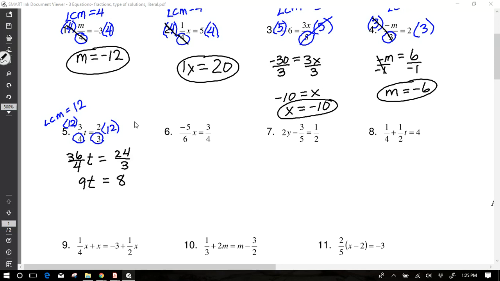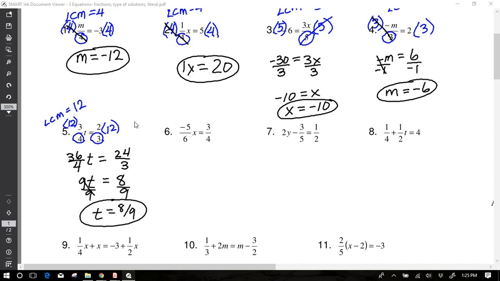And my last step is going to be to divide both sides by 9. So my final answer is t equals 8/9, which is a fraction. Great job. Let's try number 6.